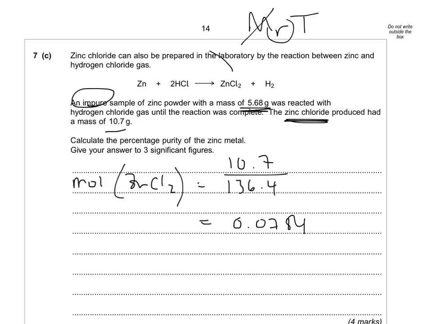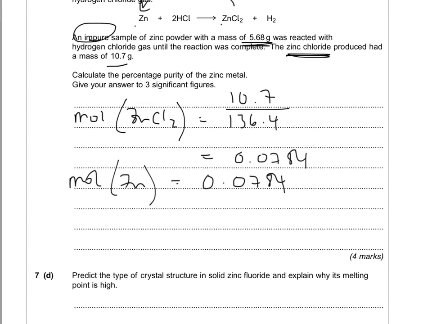How much zinc, therefore, must have reacted? So moles of zinc will equal the same. The ratio is 1 to 1. So it's going to be 0.0784 as well. And then, therefore, what mass of zinc must have been in that impure zinc? We're going to multiply your 0.0784 moles by the MR. So you use an appropriate triangle there.